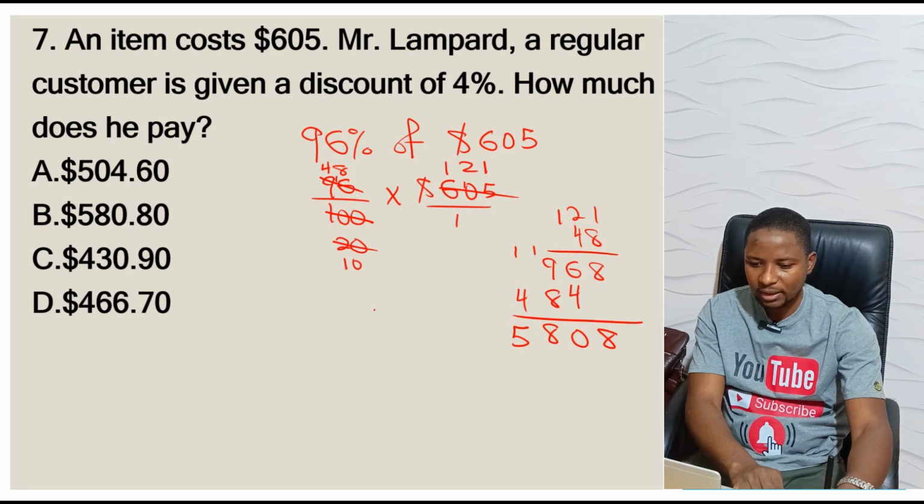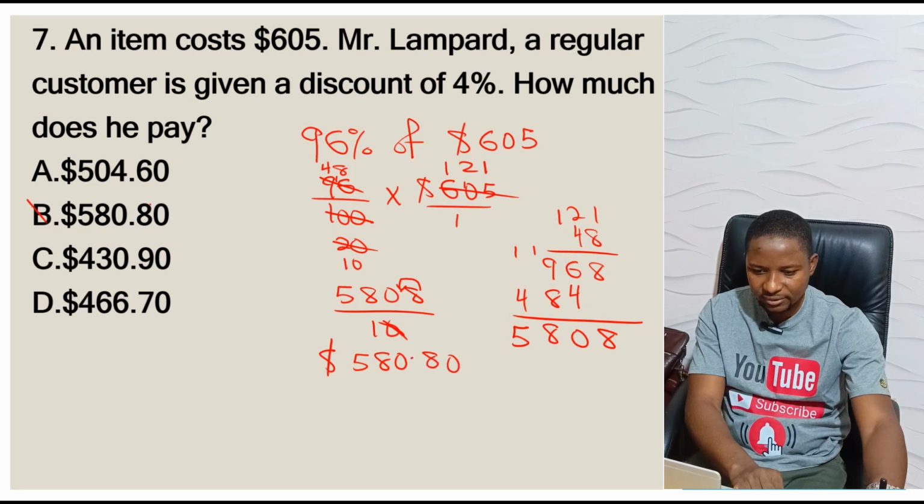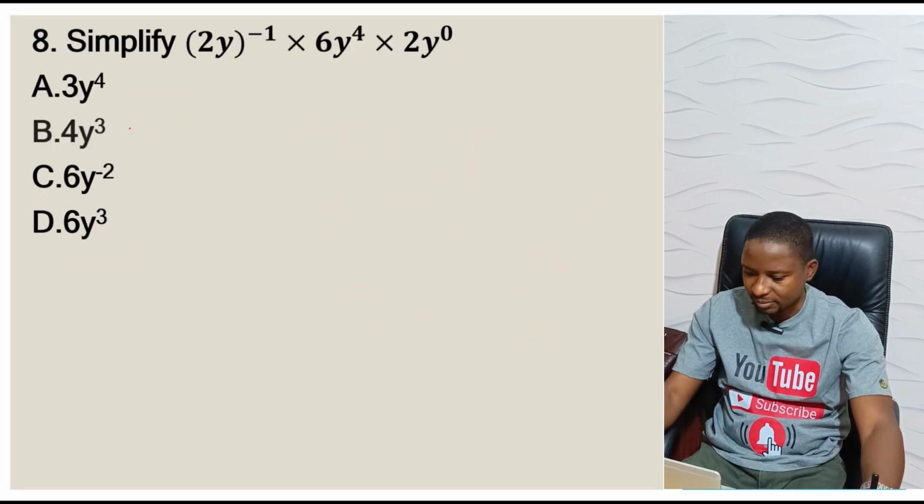And at the end of this, don't forget you have 5,808 over 10. So cancelling the 0 means you're moving the decimal point one place. So what you're paying is $580.80. And the only answer that carries out is B.